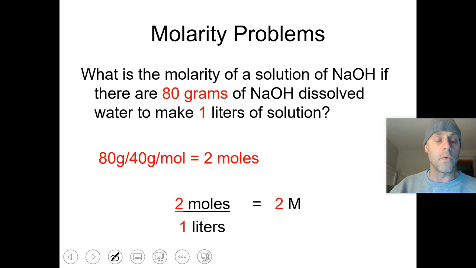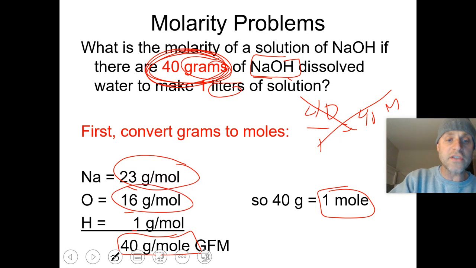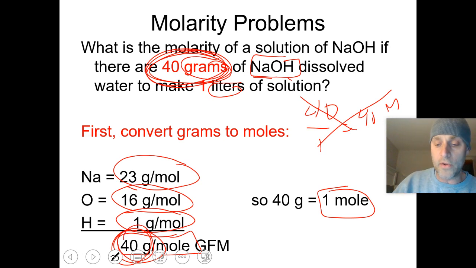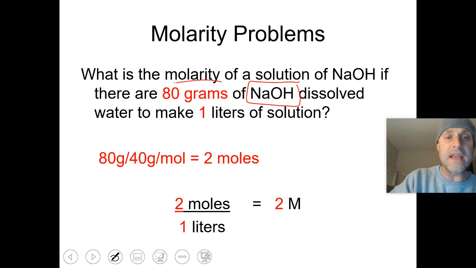Okay. What if I have 80 grams? Still 1 liter, 80 grams. Well, same thing. It's still sodium hydroxide. I know sodium is 23, oxygen is 16, hydrogen is 1. I add those up, I get 40 grams per mole. But now this says I have 80 grams.